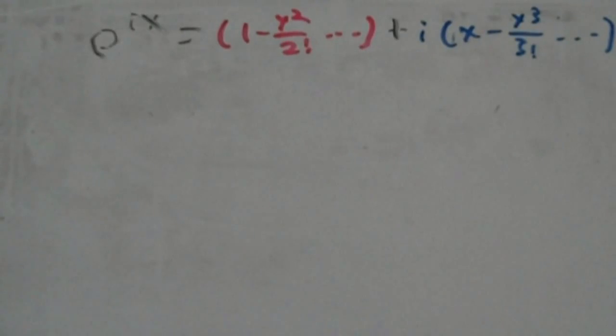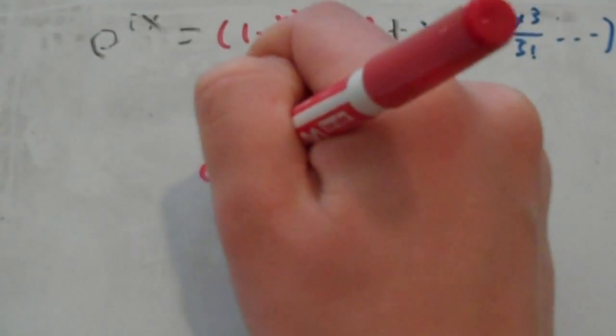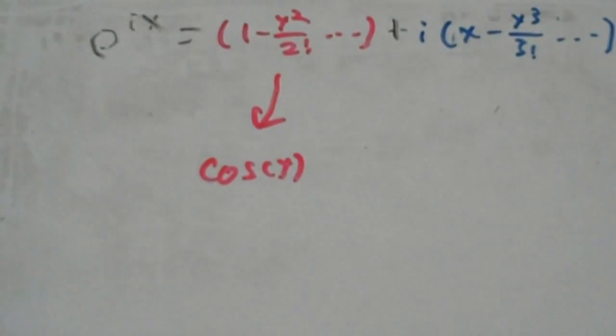Now, you may notice something about these sets that I've split this formula into. You may notice that 1 minus x squared over 2 factorial, which will continue on, to plus x to the 4th over 4 factorial, minus x to the 6th over 6 factorial, and so on to infinity, looks a lot like cosine of x.